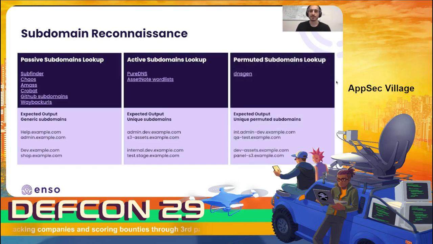The third and another important phase will be permuted subdomain lookup, which is DNSGen for the permuted generation of the subdomains. The expected output will be unique permuted subdomains, such as int, admin-dev, qa-test, dev-assets, or panel-s3.